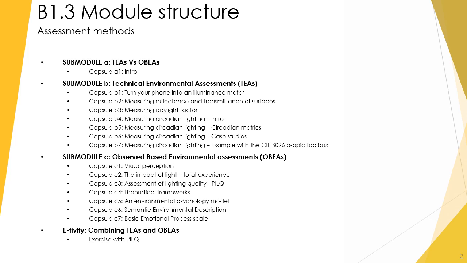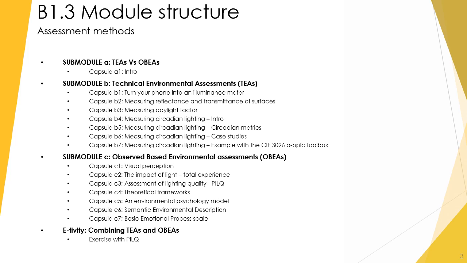Then we will move into technical environmental assessment related to circadian lighting. So we move to the non-visual part. And there I will provide you first with an intro, and then I will illustrate some circadian metrics, the most used circadian metrics, and I will try to inspire you with some case studies based on this type of measured circadian lighting metrics.